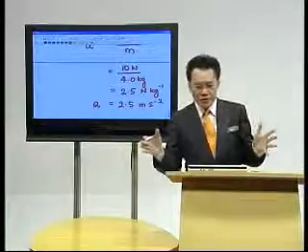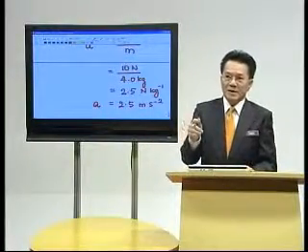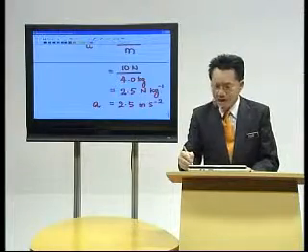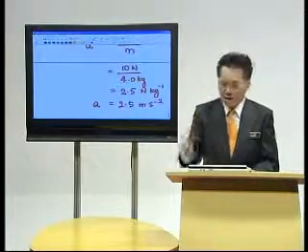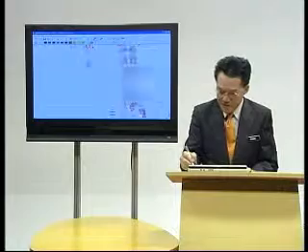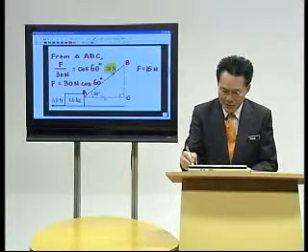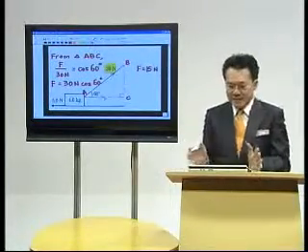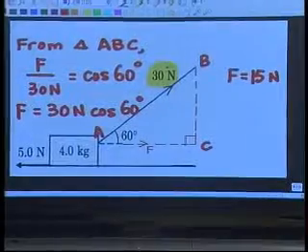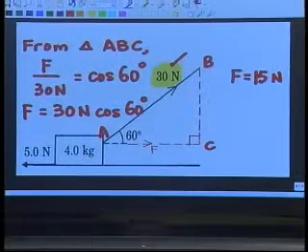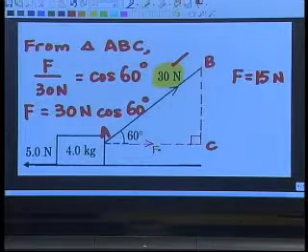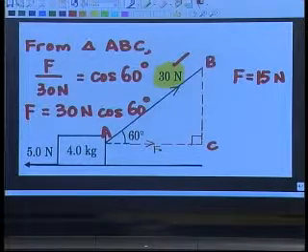So to cut a long story short, what have we done today? First and foremost, we have resolved the force. This is now a summary. Look at this slide. We are given only this 30 Newtons at an angle. We need to find F. So we have resolved the force and calculated F is 15 Newtons.